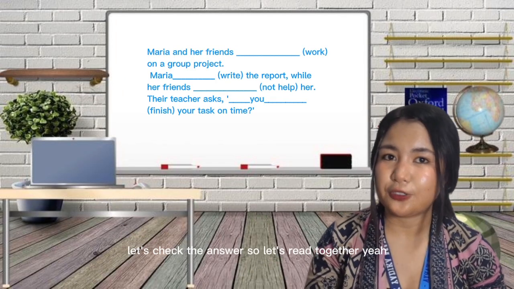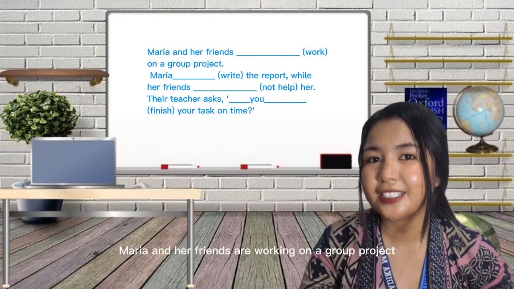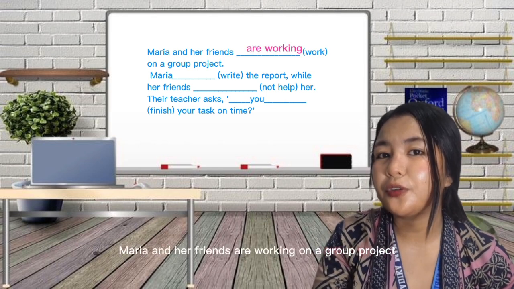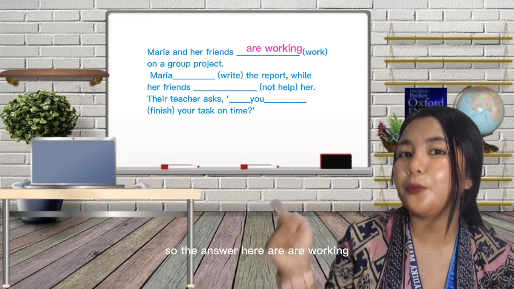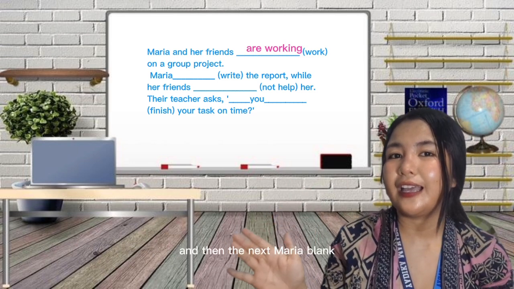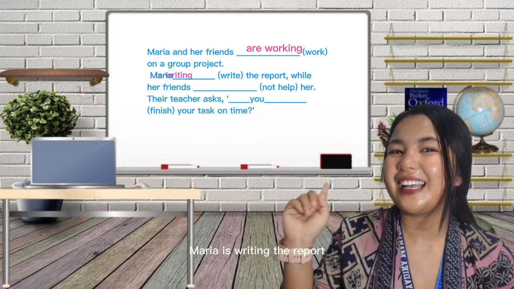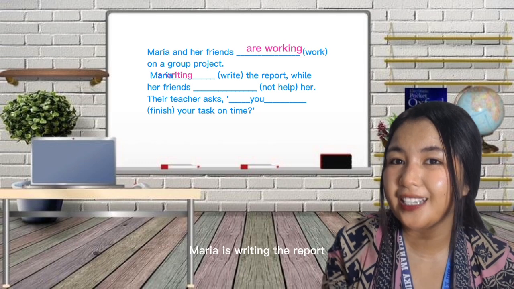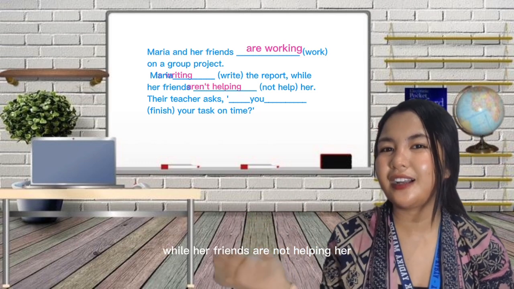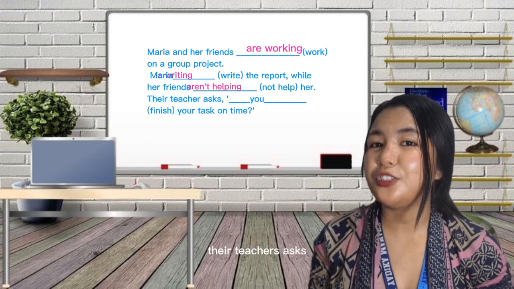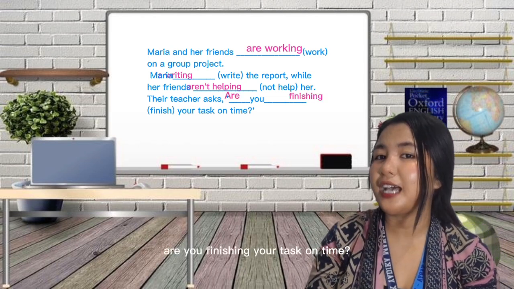So, let's read together. Maria and her friends are working on a group project. So, the answer here is working. And then the next: Maria is writing the report while her friends are not helping her. Their teacher asks, "Are you finishing your task on time?"